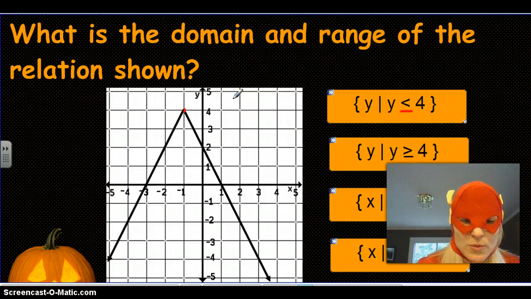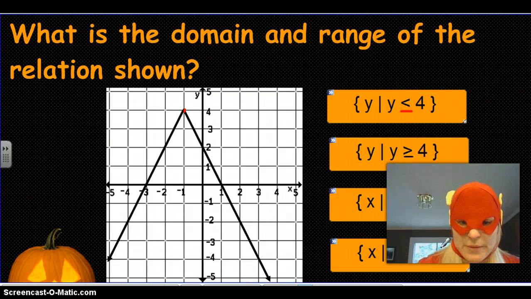So then when we get to the domain now, remember the domain is the x's. So if I look at it compared to the x-axis, all these points are going on forever towards the right, and all these points are going on forever towards the left. So all my x values are going to be all real numbers.